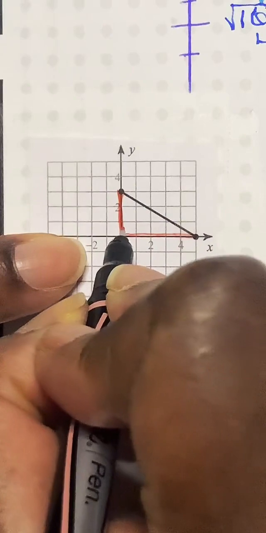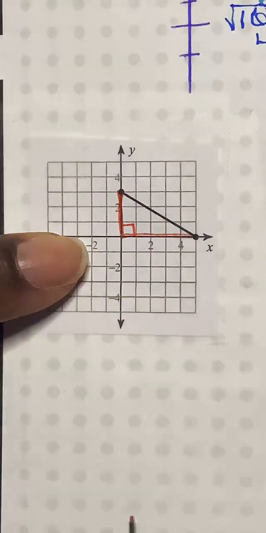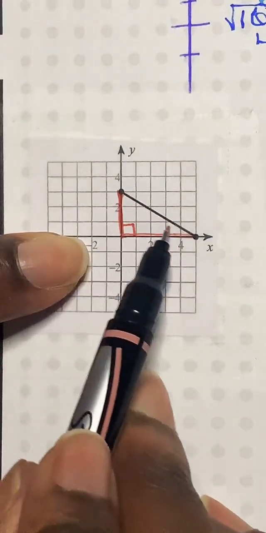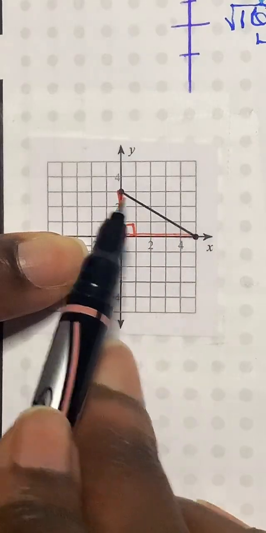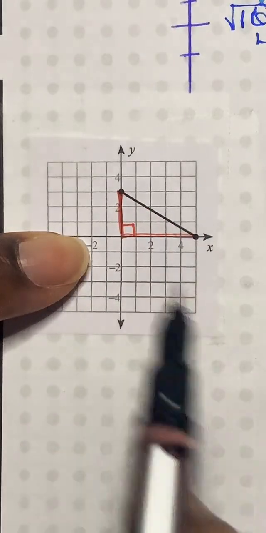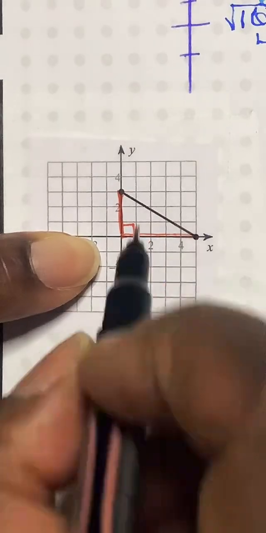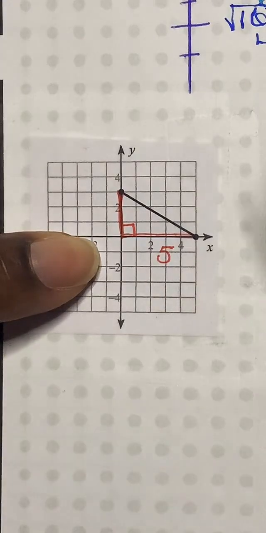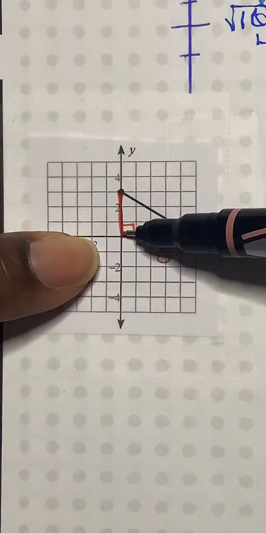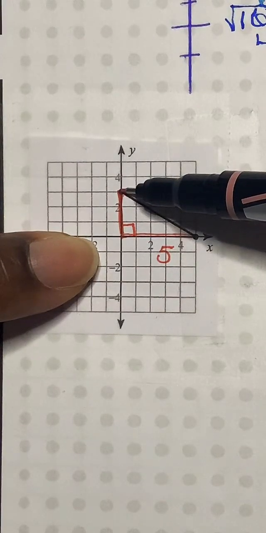And this right down here, that's going to be my 90 degrees. So the side that we're looking for, that's going to be my C. From the origin to this point looks like 5 units, and from the origin up to this point looks like 3 units.